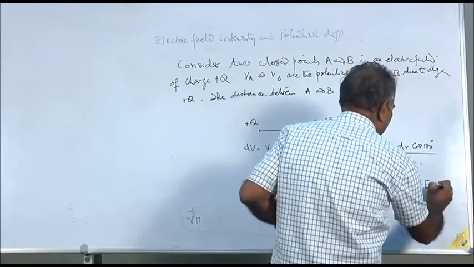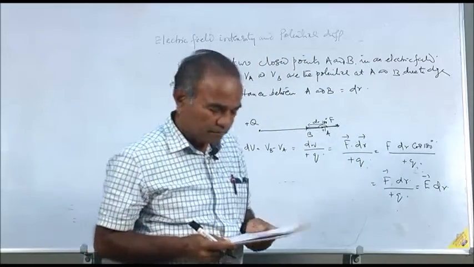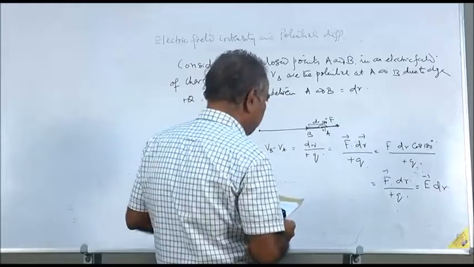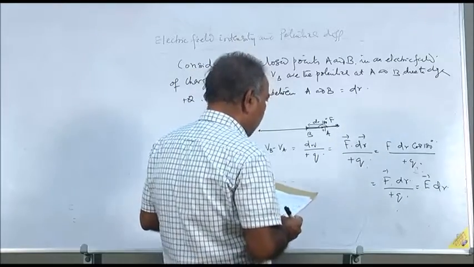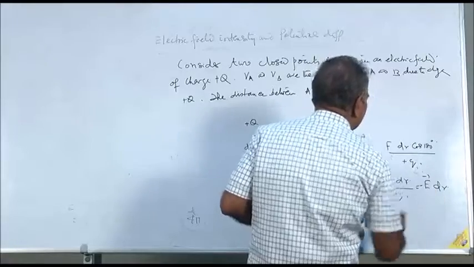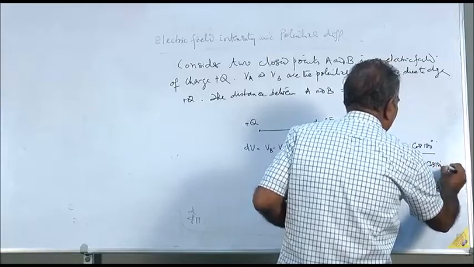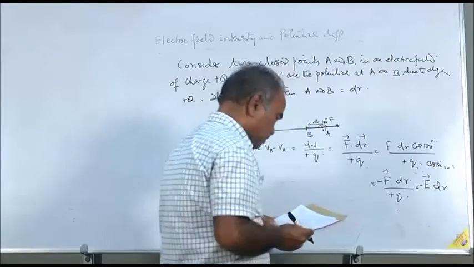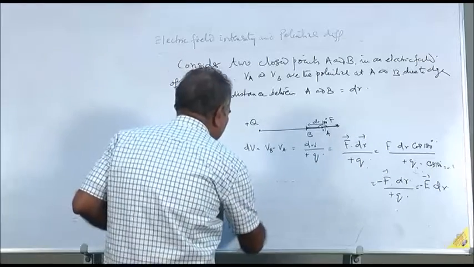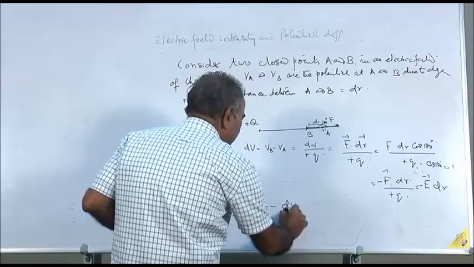So, this is minus E into dr. So dV is minus E dr, or E is equal to minus dV by dr.